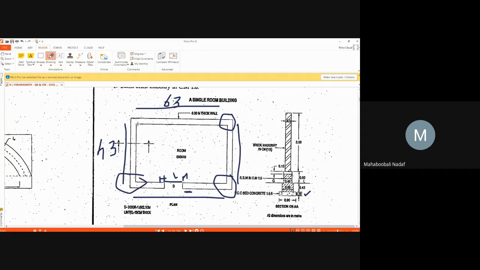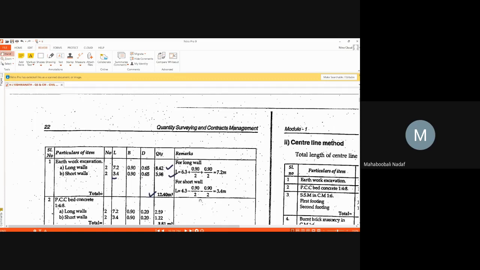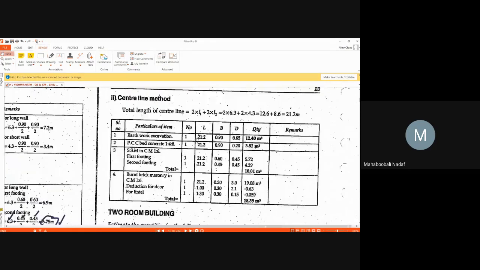So 21.2 is the center to center for all the items: 21.2 for excavation, 21.2 for PCC, 21.2 for sandstone masonry for two footings, first and second. Burnt brick masonry also 21.2. This point clear?